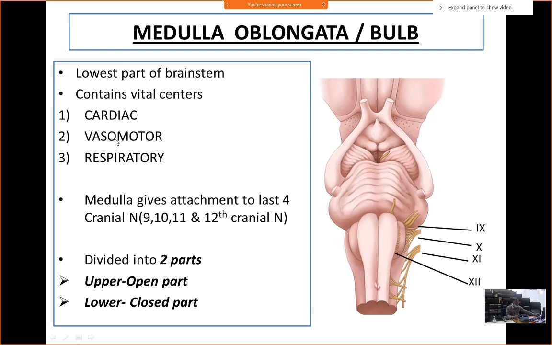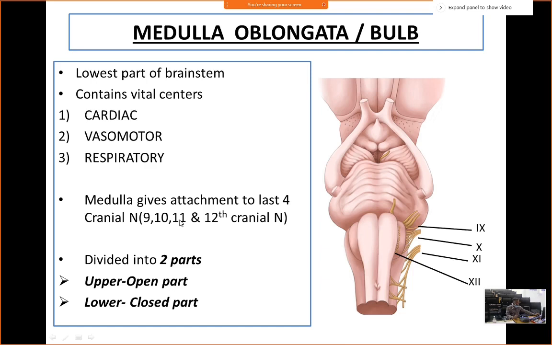The contraction and relaxation of all the blood vessels is done by the vasomotor center, which is also located in the medulla oblongata. The respiratory center is also located in the medulla oblongata. So if there is any ischemia in the medulla oblongata, it may lead to inhibition of these centers and ultimately the patient will die.